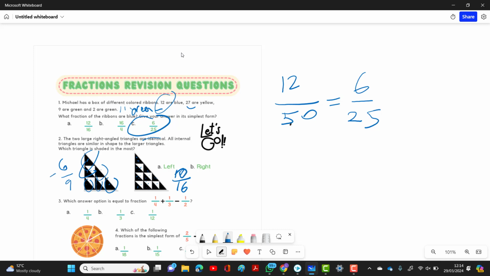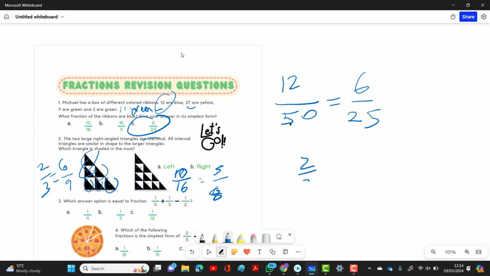So this is 2/3, and this simplified is 5 over 8.